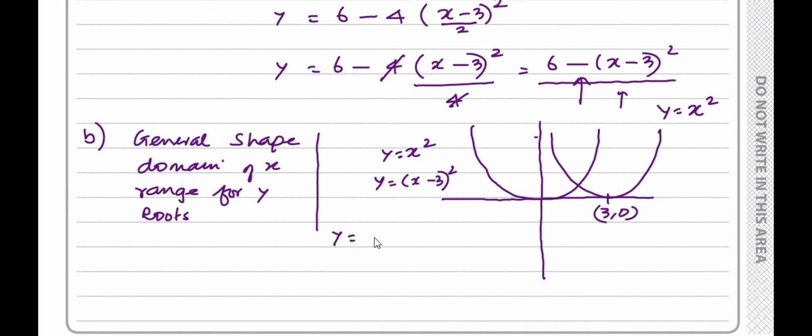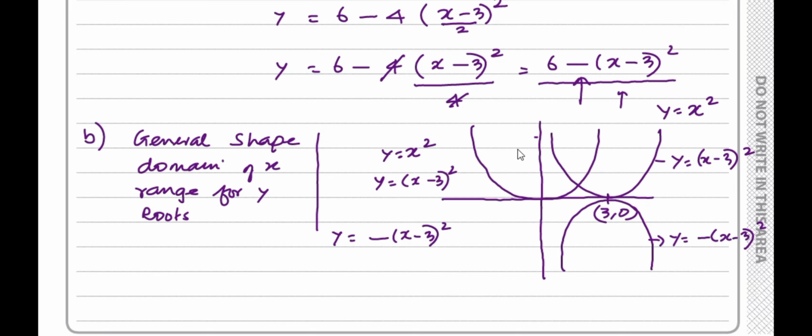Therefore y is equal to minus (x minus 3) squared will mean a reflection in the x-axis of this y is equal to (x minus 3) squared curve, isn't it? It's going to be reflected now in the x-axis to get this curve. So this is y equals minus (x minus 3) squared.